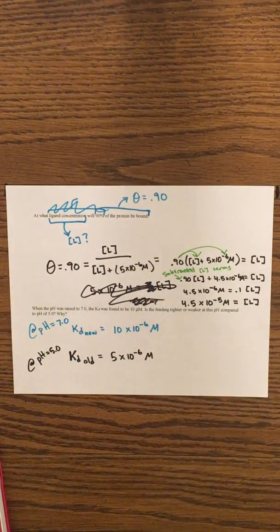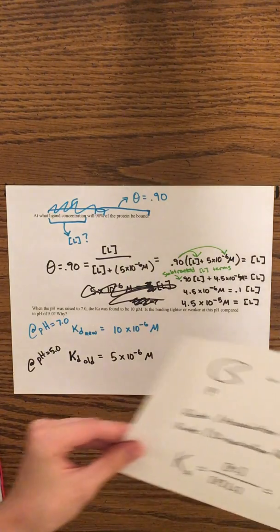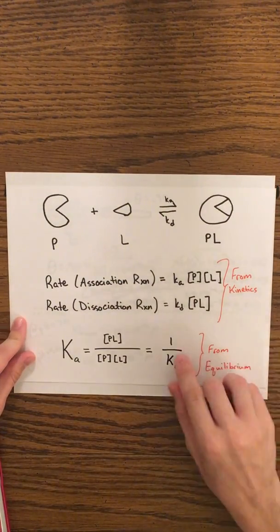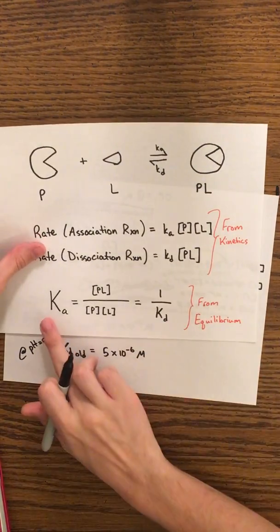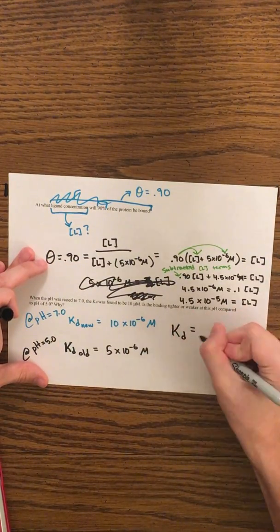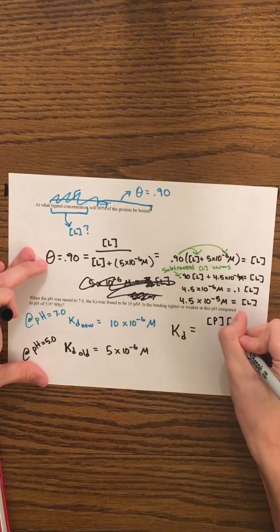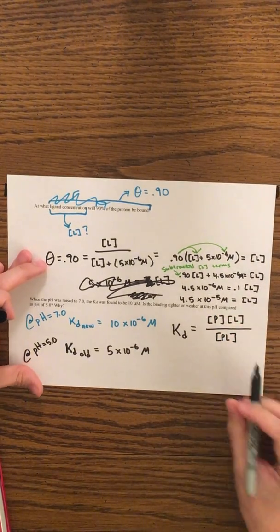And so what that means, looking back here, since we had said that the reciprocal of KD is equal to KA, we can rearrange and say KD really equals the concentration of non-bound protein and non-bound ligand over the concentration of protein-ligand complex.